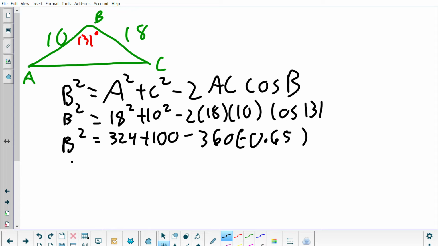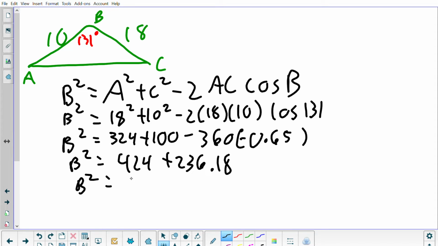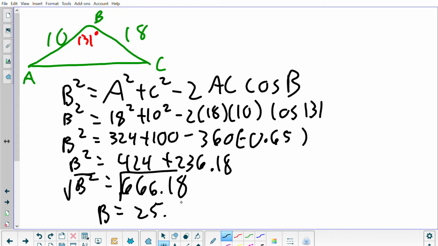Add these together, and then multiply these together. Add together, and then to get rid of a square, I square root. And then I just check to make sure my answer makes sense. I'm dealing with 10, 18, and then the long side is 25. Does that seem reasonable? Yeah.